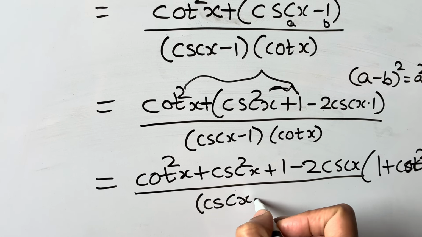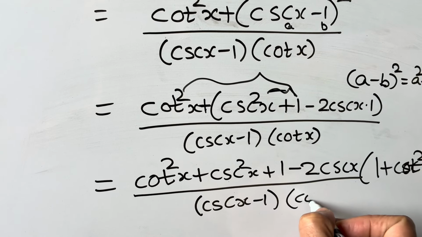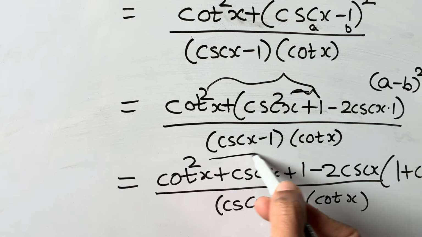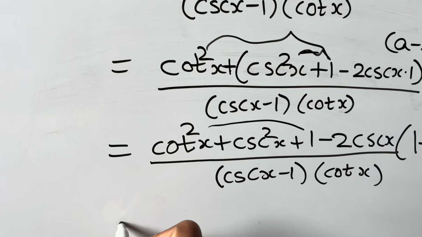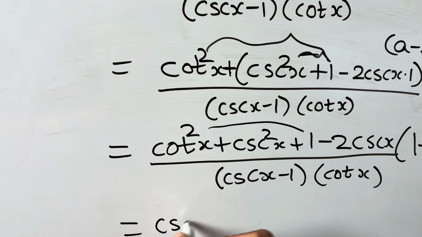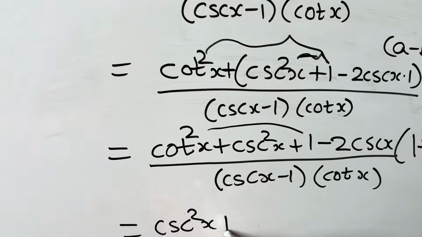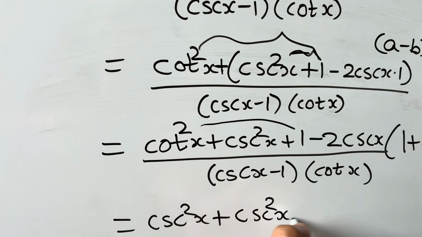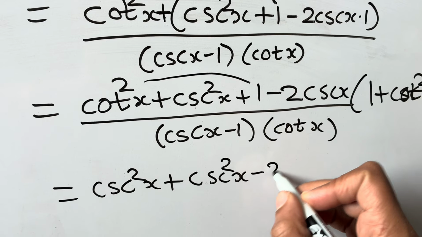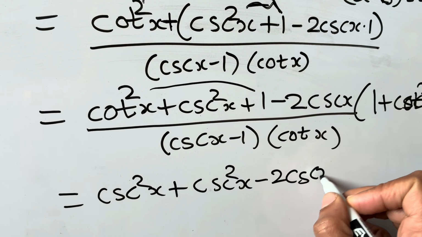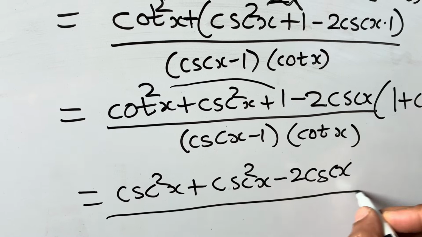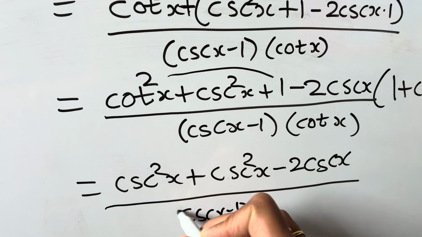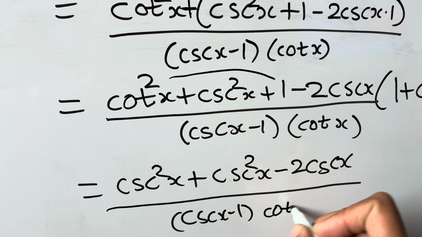So this gives me this step, and here I'm going to apply my identity of 1 plus cot square x is nothing but cosecant square x. So cosecant square x, and here I have one more cosecant square x, minus 2 times cosecant x by cosecant x minus 1 times cot x.